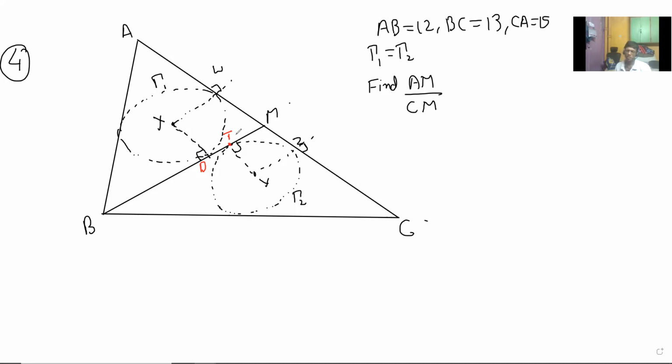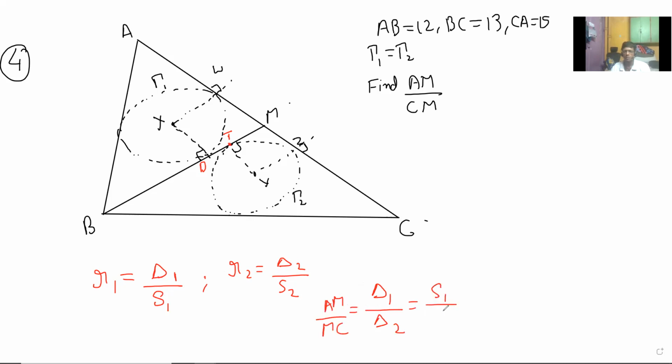Okay. So how do you use that? Yeah. So R1 equals to area over semiperimeter would be a good thing, because area can tell us the ratio of AM and CM, so that may be not so bashy. And so this is S1, and similarly the R2 is area over S2, and these are equal. So basically del 1 by del 2, which is equal to AM by MC, is equal to S1 by S2.